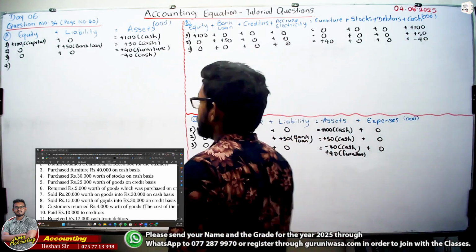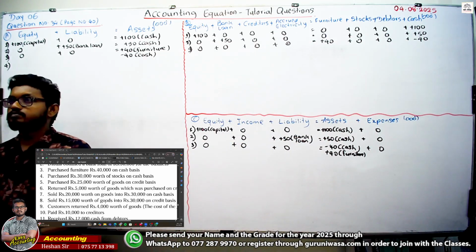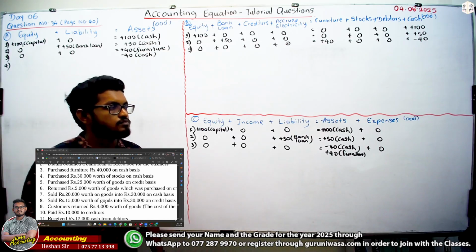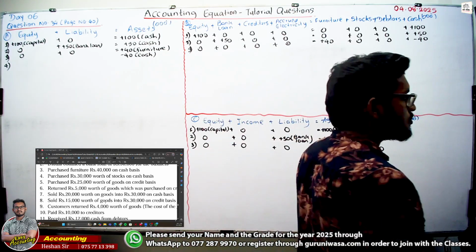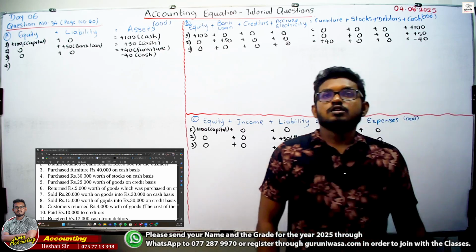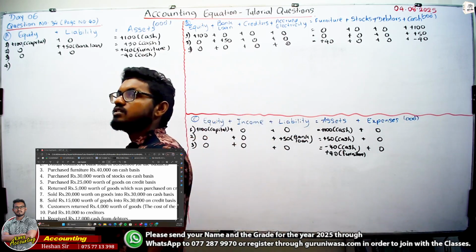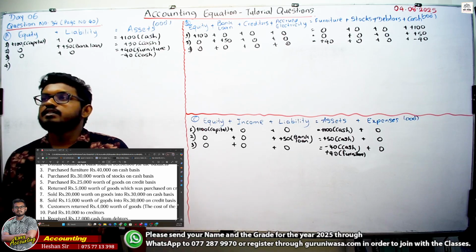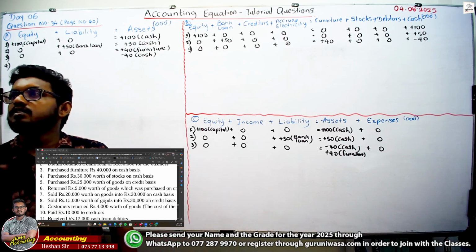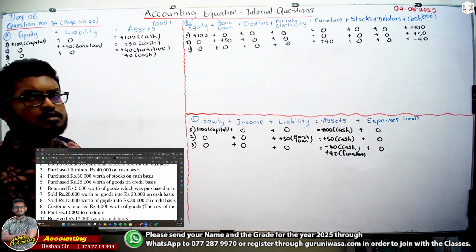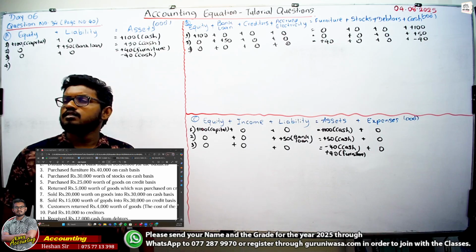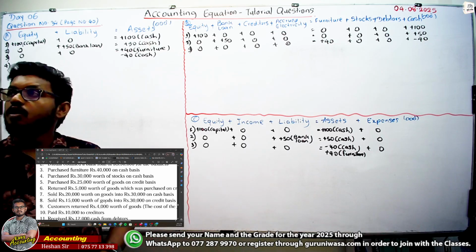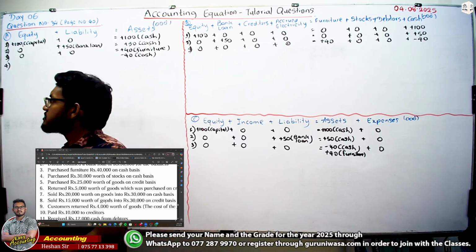All good? Number four, purchase 30,000 worth of goods on cash basis.